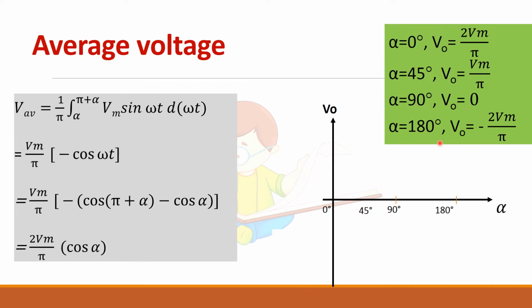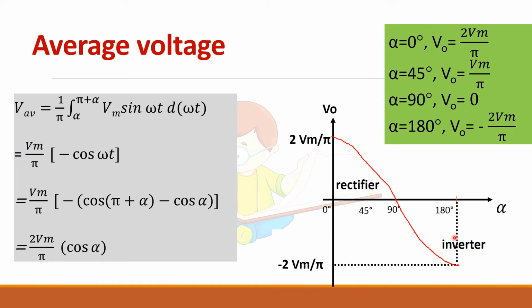And if you give alpha 180 degree, cos 180 is minus 1, so you will get minus 2 Vm by pi. Now let us plot this. You can see here for 0 to 90 degree it acts as a rectifier. For 90 to 180 degree it acts as an inverter, and its voltage changes from 2 Vm by pi to minus 2 Vm by pi.